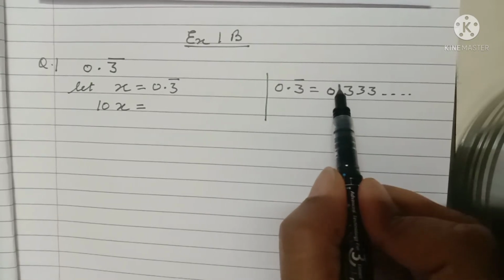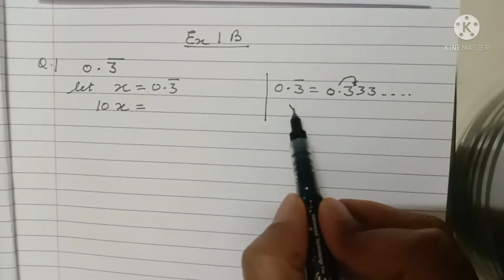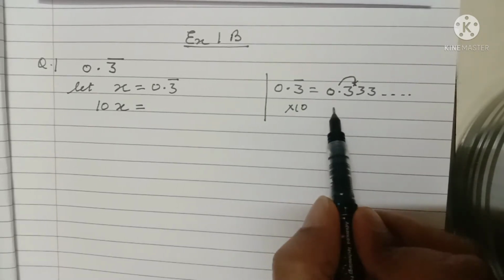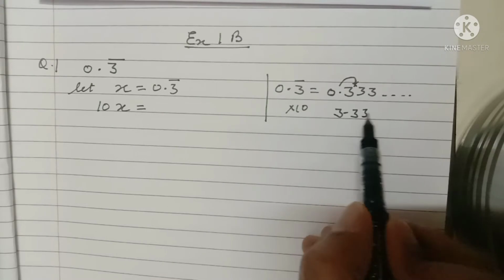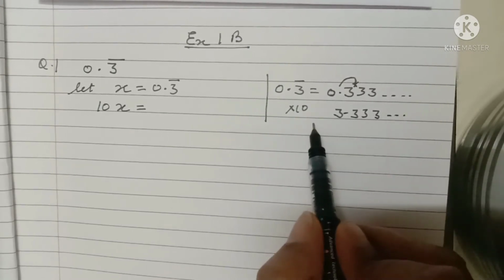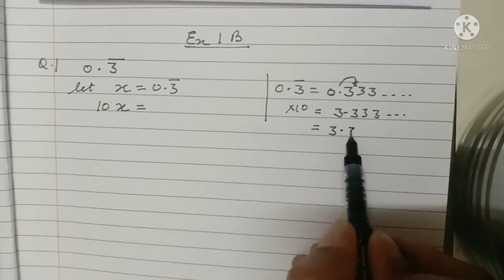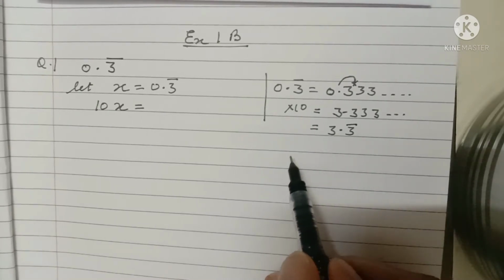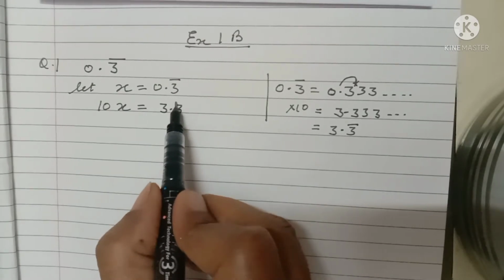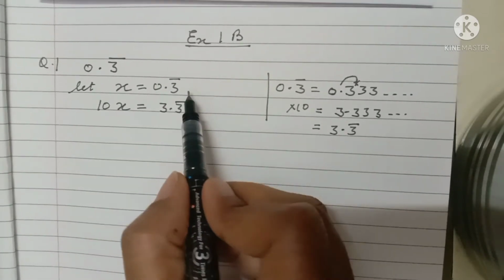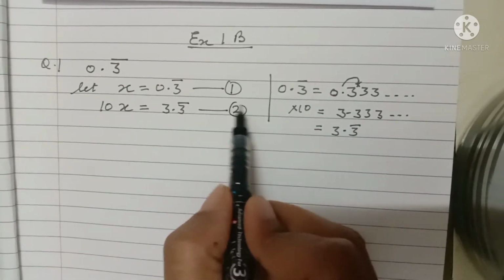So this becomes 3.333 and this is 3.3 bar. Okay, so you can write it as 3.3 bar. Now this is equation first and this is equation second.